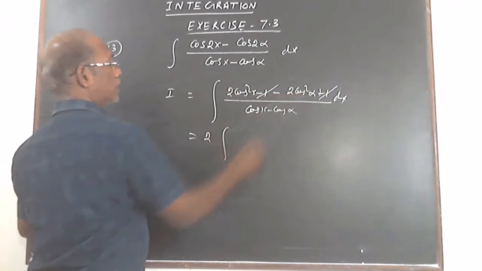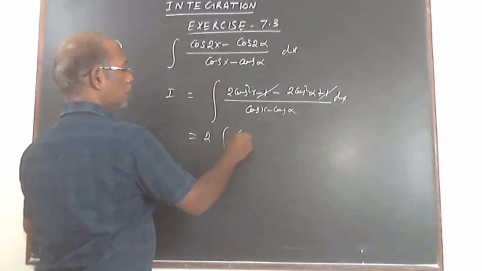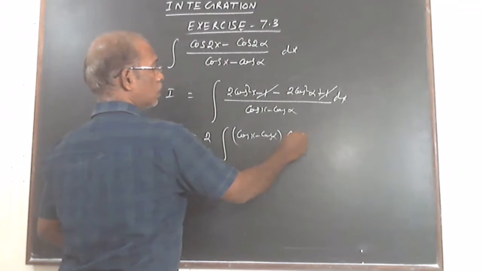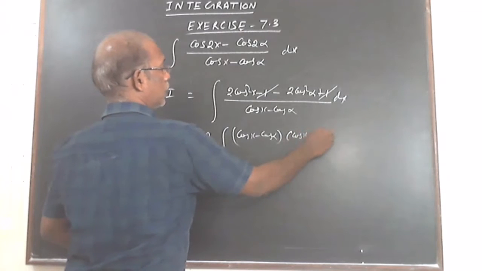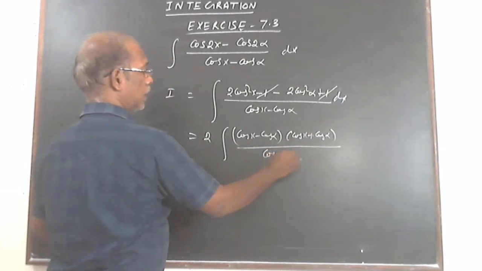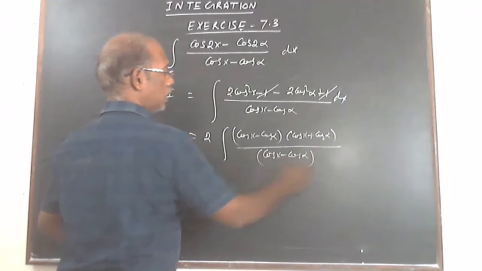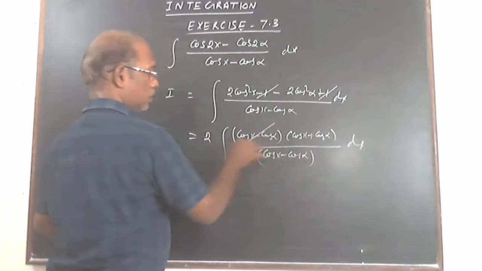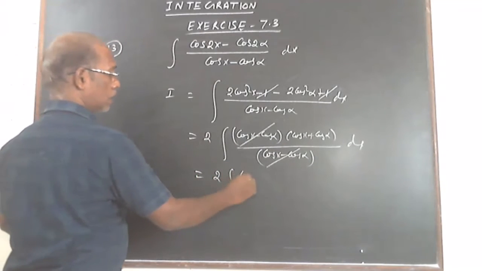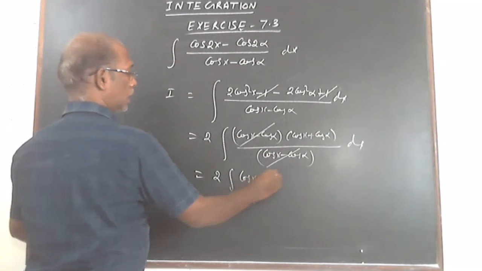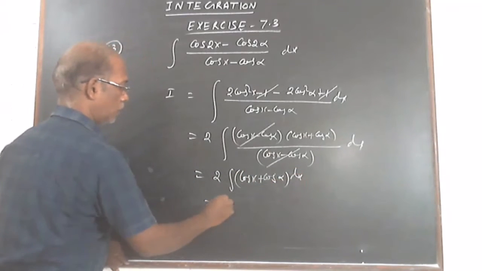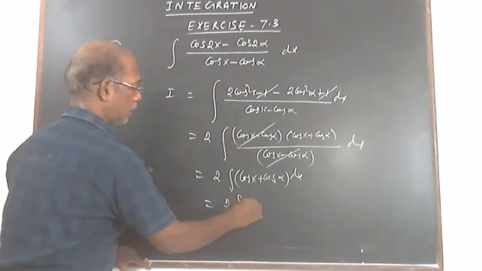Cos square x minus cos square alpha is (cos x minus cos alpha) into (cos x plus cos alpha) in the numerator, and the denominator is cos x minus cos alpha, dx. So this and this cancel. Then 2 integral of (cos x plus cos alpha) gives 2 times (sin x plus x cos alpha).